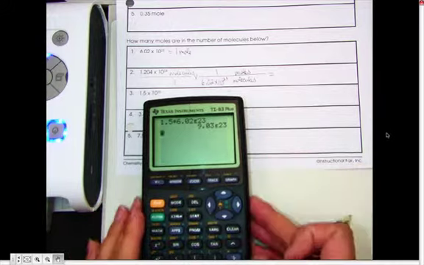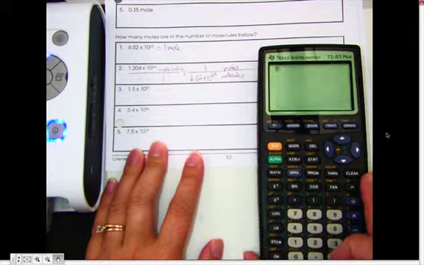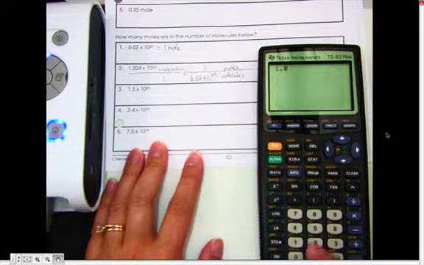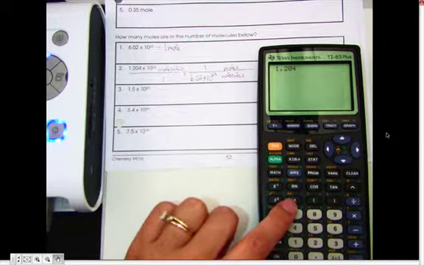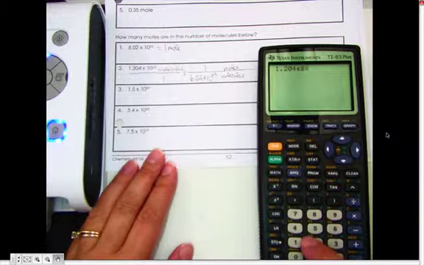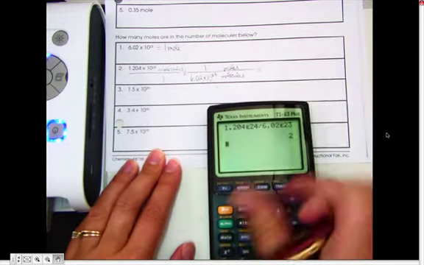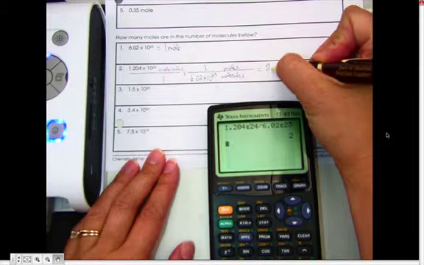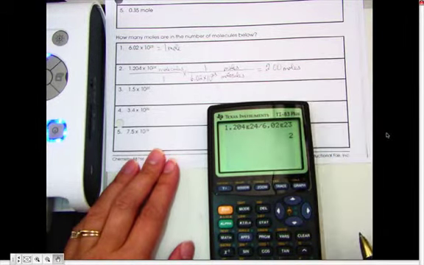Okay, so for this one, I'm going to do 1.204, here's the fancy thing, the second button, and then the comma to get that little yellow EE, 24, divide by 6.02, second, comma to get the E, 23, enter. And the answer is 2. That's 2 moles. I still want at least 3 significant figures though, so I'm going to write 2.00 moles.